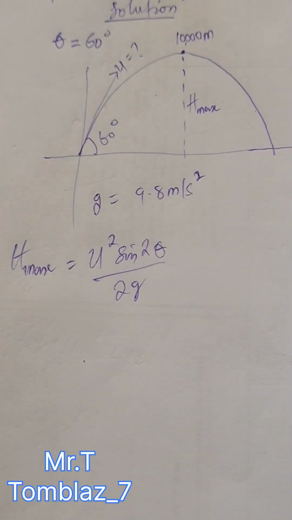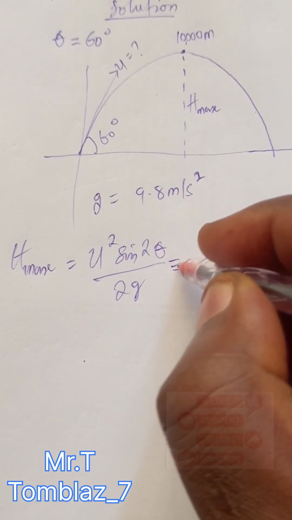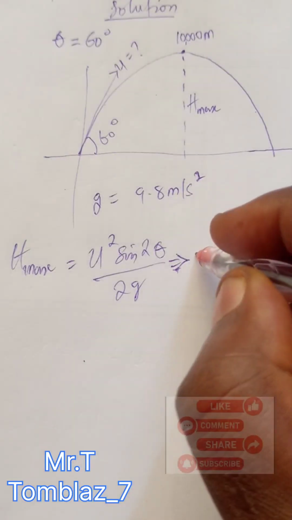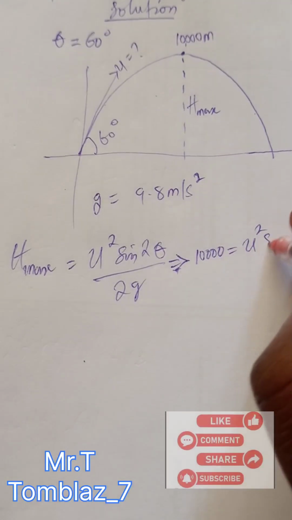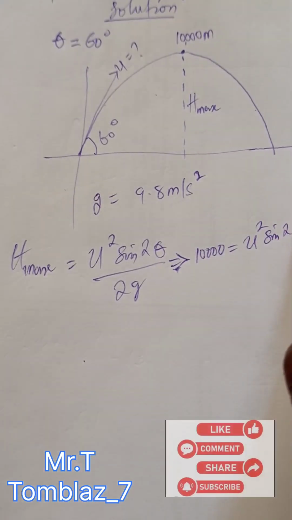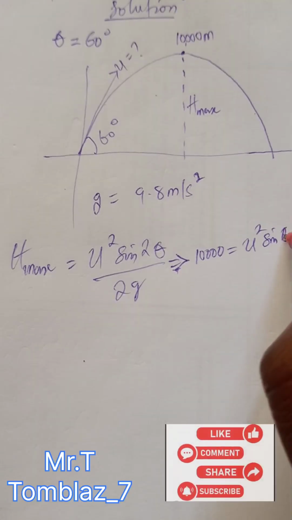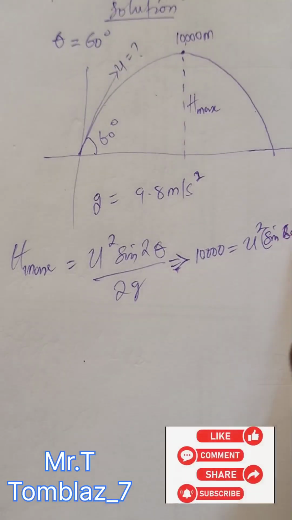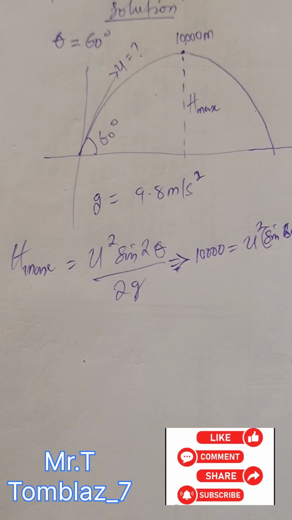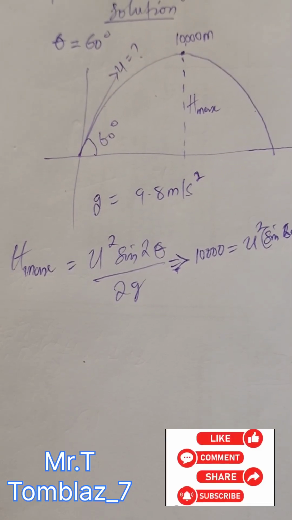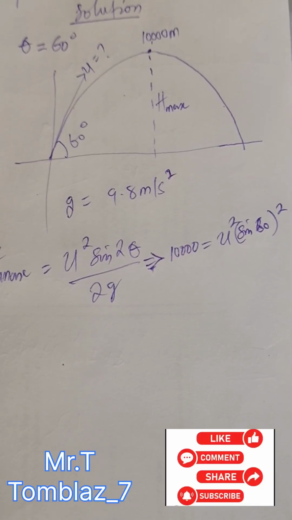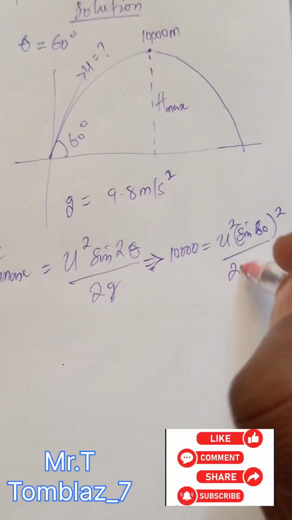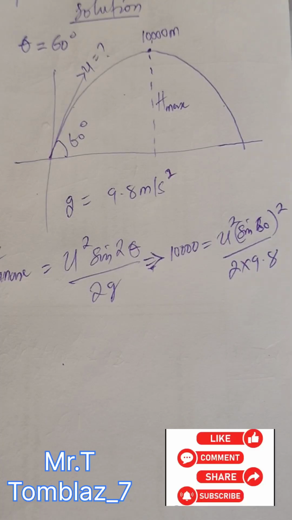Okay, so let's substitute the values into this. 10,000 is equal to U squared sine squared 60 divided by 2 times 9.8.